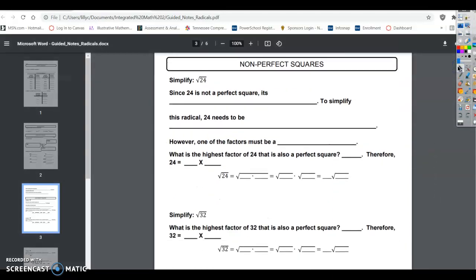All right, non-perfect squares. So we want to break down or simplify non-perfect squares. And the first one we're going to look at is the square root of 24. So since 24 is not a perfect square, then it has to be rewritten as a perfect square times something else.